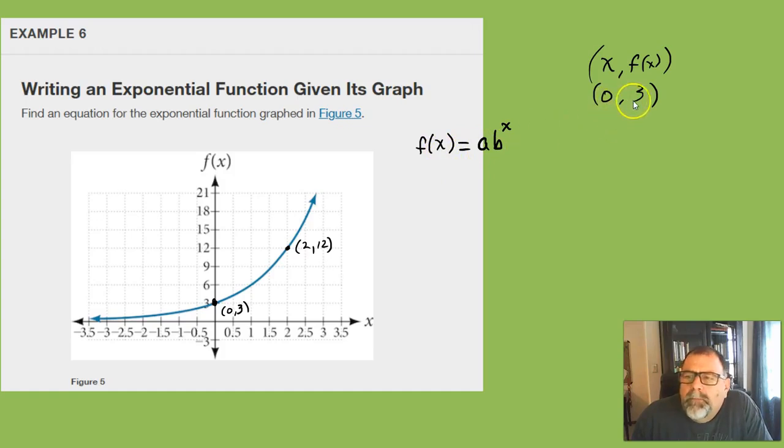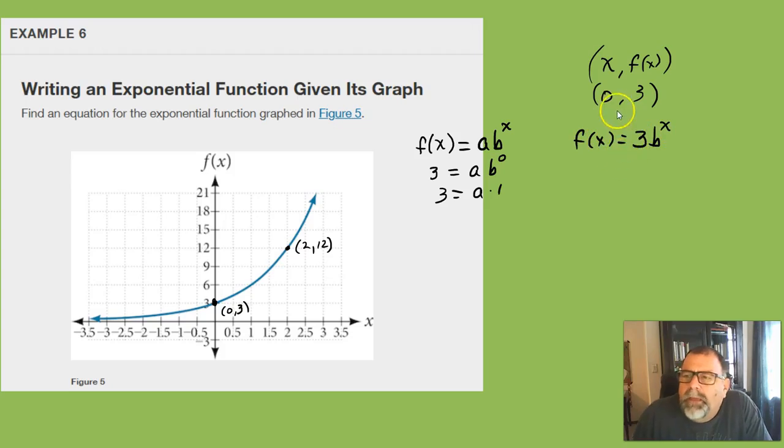It's just that when you put in 0, 3, it automatically gives you a, because if you put in 3 for y, b to the 0 is just 1, 1 times a. So a is 3. So now you know f of x is equal to 3 times b to the x.